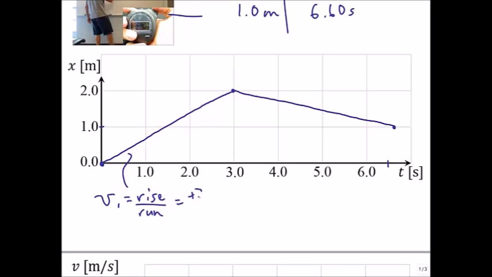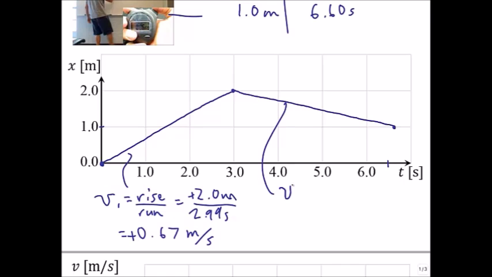And so now we can compute. Maybe this is V1, which is rise over run, so plus 2 meters to the right divided by 2.99 seconds. I did this in my calculator earlier, it's 0.67 meters per second, and that's a plus because it's moving to the right.